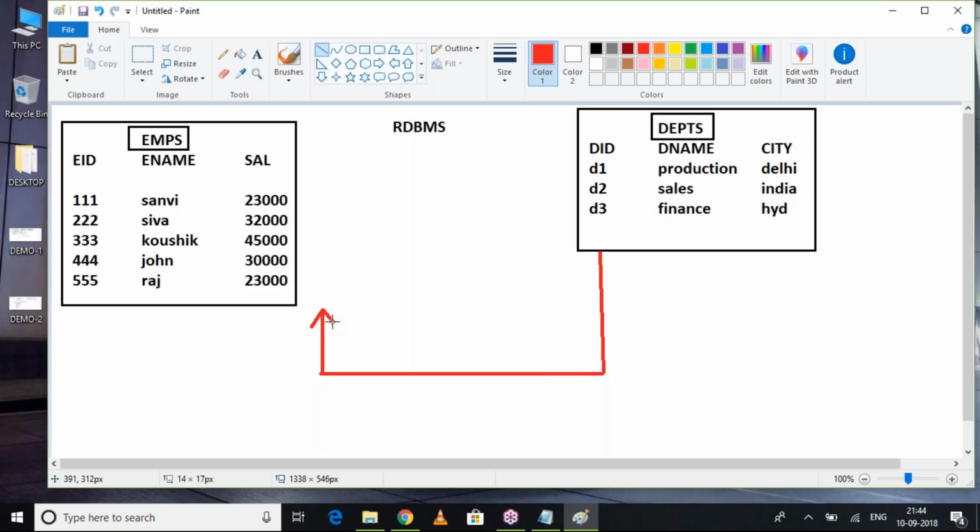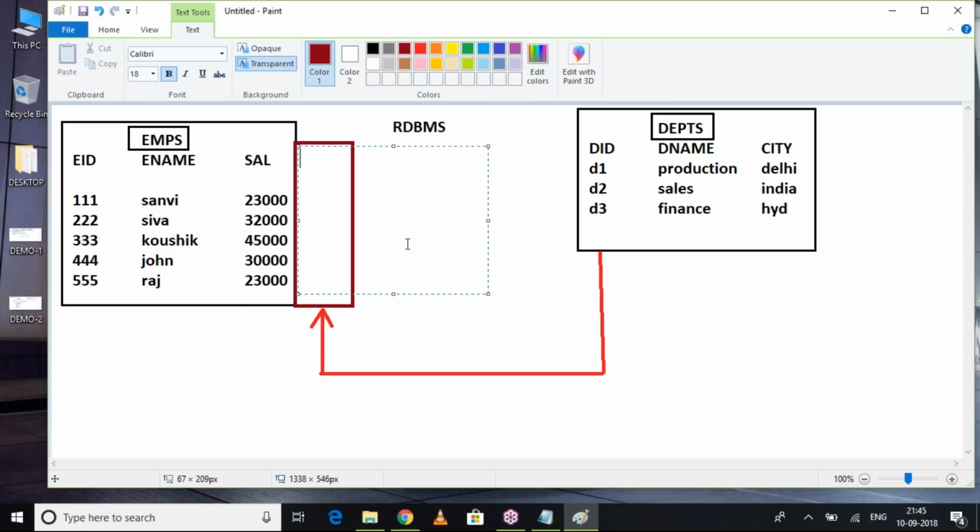This link is implemented. Link means relation. Relation is implemented by using the primary key of a table. By using the primary key of a table, we can implement a foreign key. Here I am implementing a foreign key. Here I want to maintain some details. What are the details?